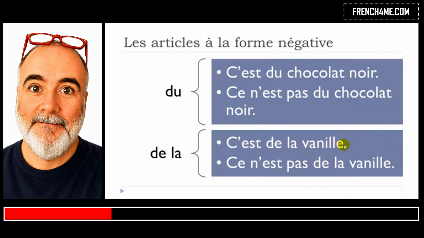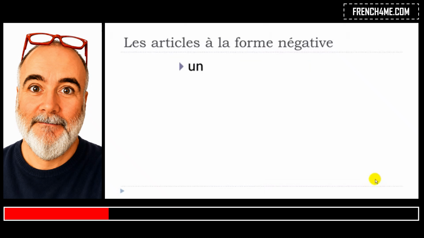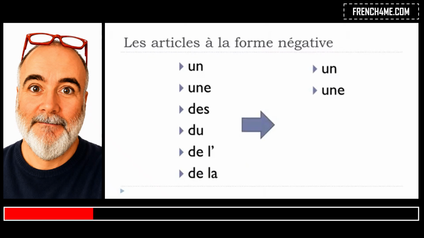Vanille, vanilla. All right, so now we can have the rule. So when we've got un, une, and then des, what we saw, les articles indéfinis, or if we've got du, de la, okay, in that case it's the partitive. Remember that if you use them with c'est in the negative form, they will stay exactly the same.